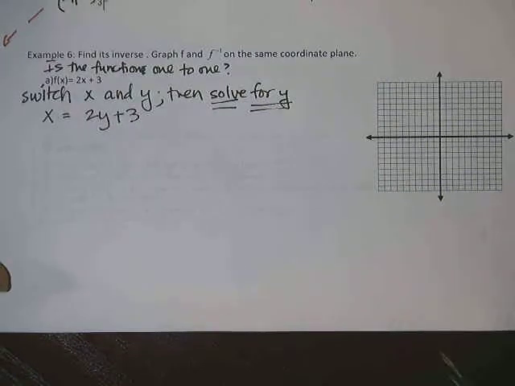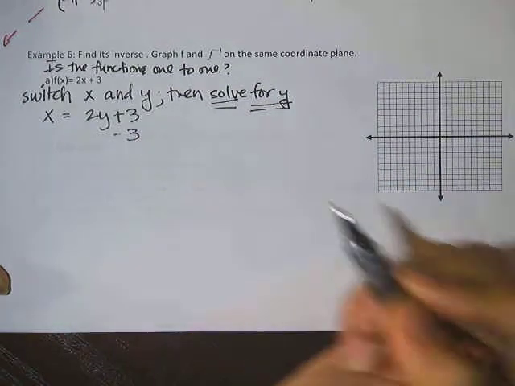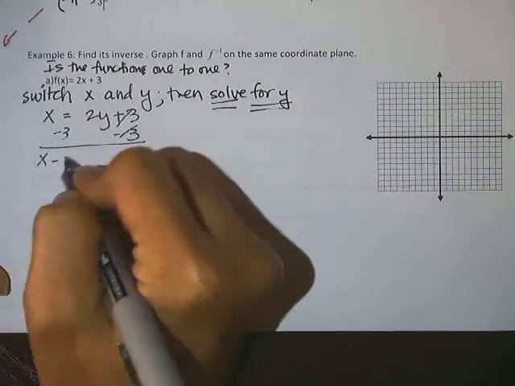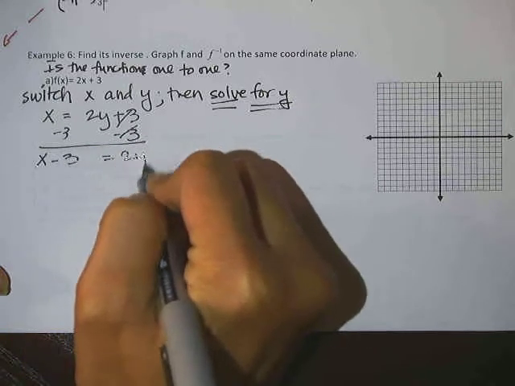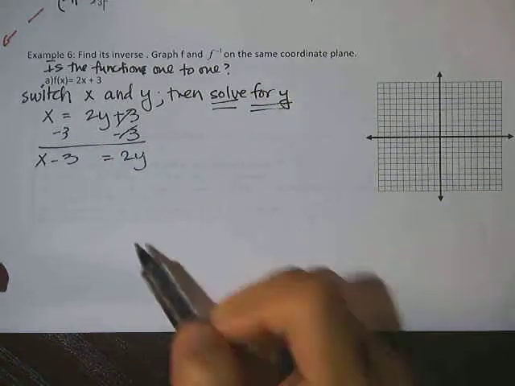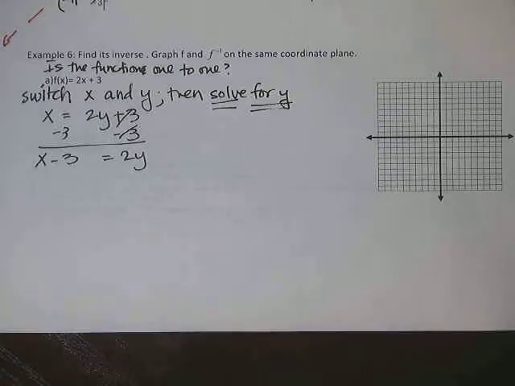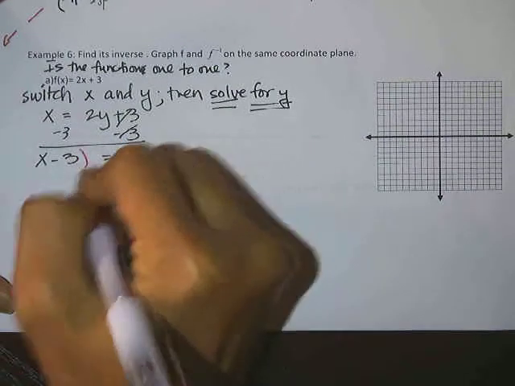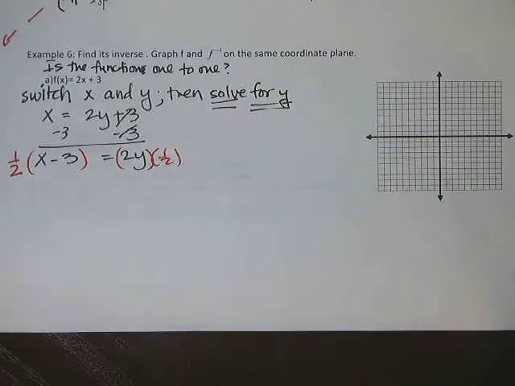We're going to solve for y, so we're going to subtract 3 from both sides. So this is x minus 3 equals 2y. We are now going to divide each and every term by 2, or multiply each and every term by a half. Dividing and multiplying are exactly the same thing if you multiply by the reciprocal.